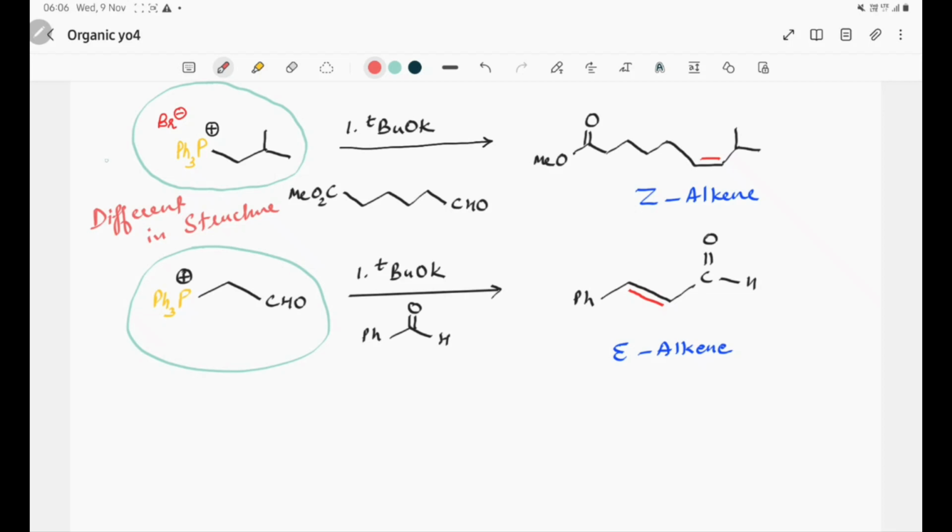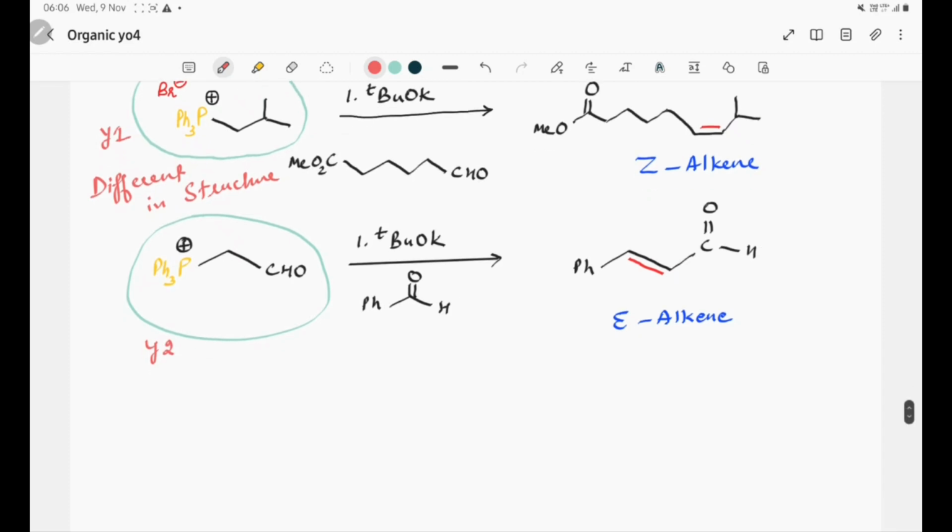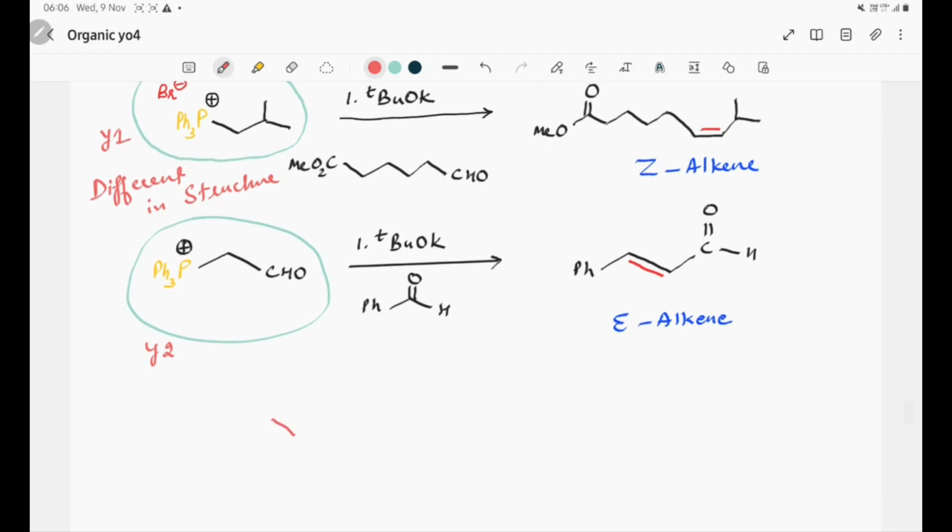So what happens due to this structure difference? Let's name this one Y1 and this one Y2. In case of Y1, let's draw PPh3 positive, and yes, now this ylide is formed from Y1, whereas in case of Y2 we will get, after the treatment with base, this negative, this ylide.